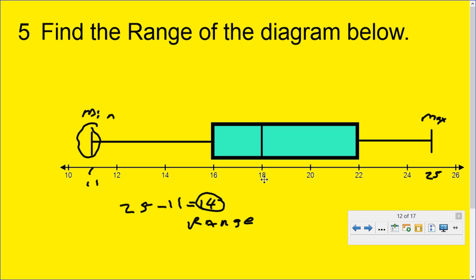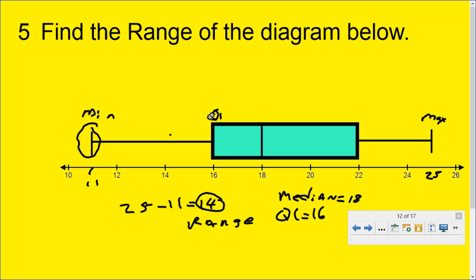If you were curious, what was the median? See if you can tell me what the median was. And if you said 18, you are correct. So that's right there in the middle. What would the first quartile be? You're right. If you said 16, it's right here.